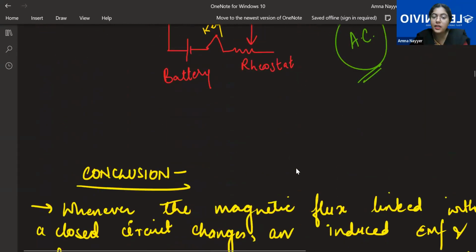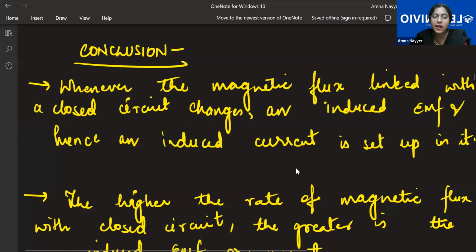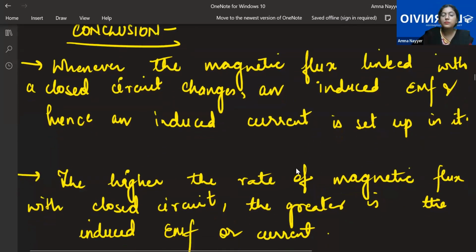So what are the conclusions from Faraday's experiment? He said that whenever the magnetic flux linked with a closed circuit changes, an induced EMF and hence an induced current is set up in this coil. Why? Because the magnetic field is changing.